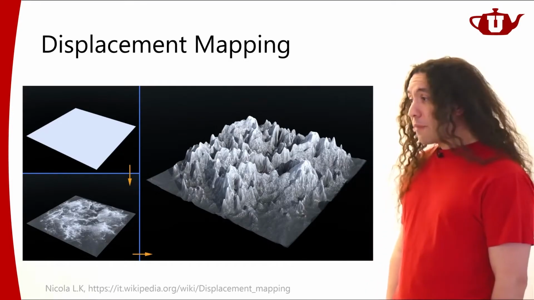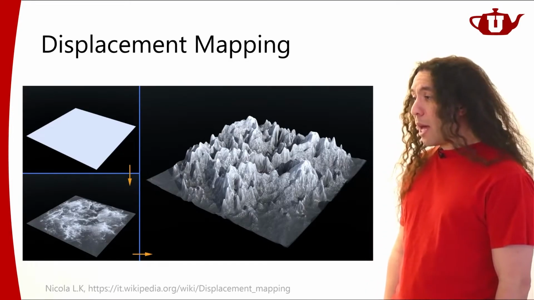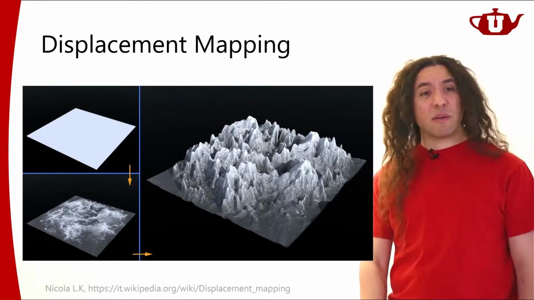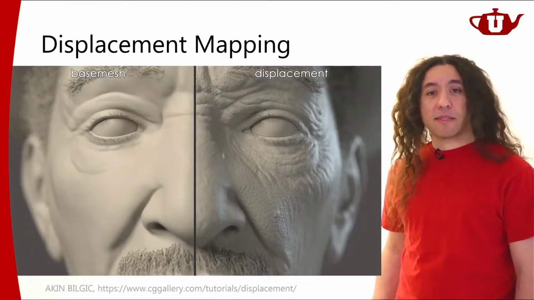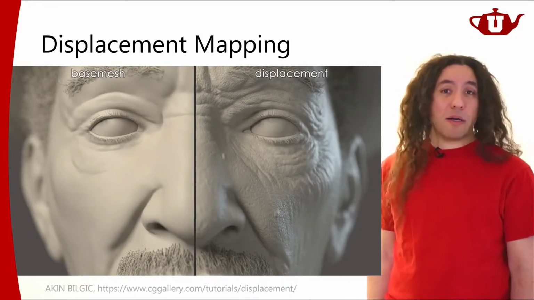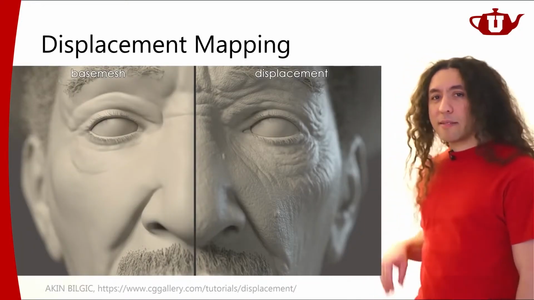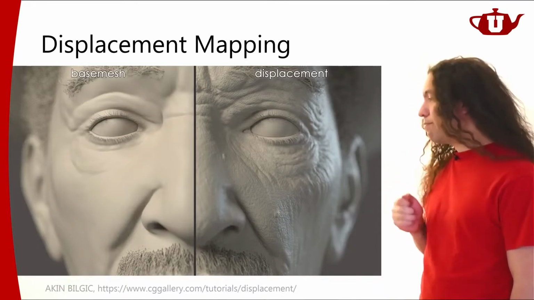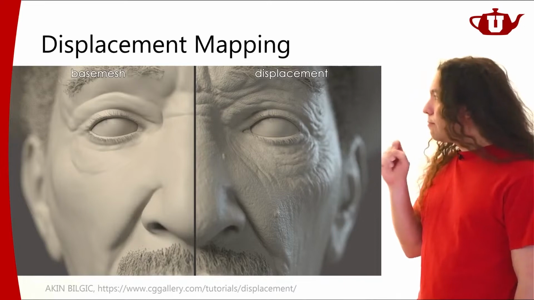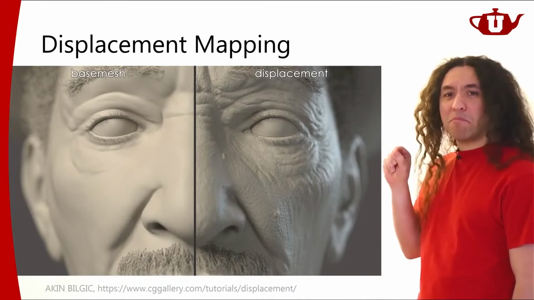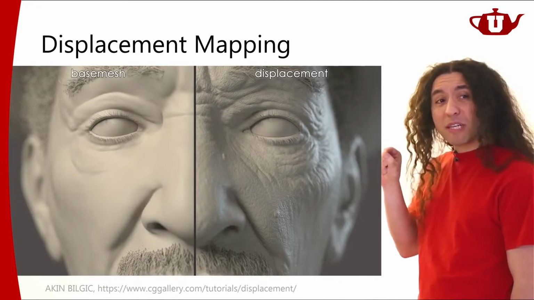But in offline rendering, oftentimes we use displacement mapping for representing small scale details, because if you have large scale details, you can just model them using polygons. But with small scale details, it becomes really cumbersome to model them by hand, by moving every vertex in the surface normal direction a little bit.